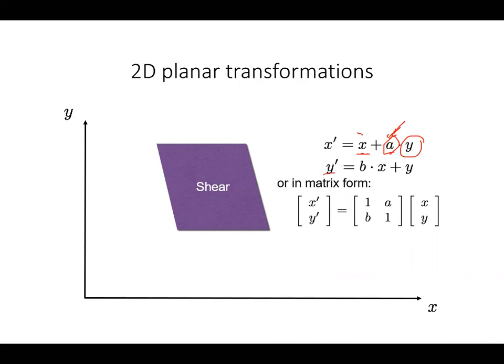And y dash will be a translation on the x plus the y direction. Can we put this in a matrix form? Yes, we can. If you do the math, you will find that this matrix represents the shear transformation: 1s in the diagonals, and different scales in the off diagonals with a and b.